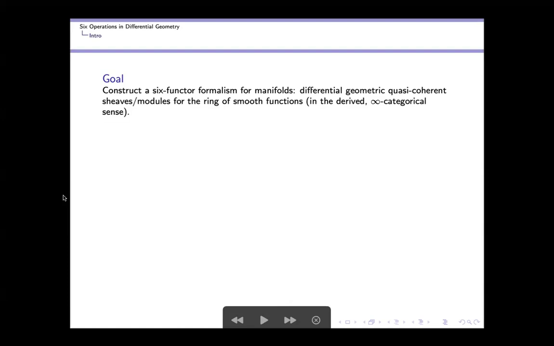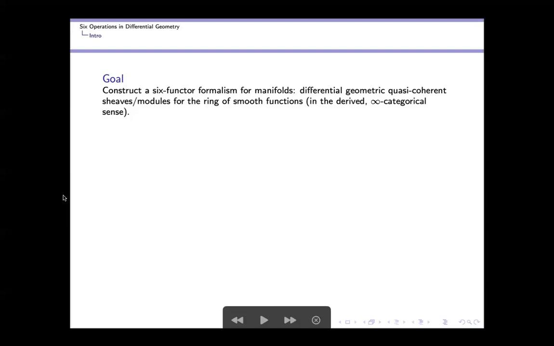Quasi-coherent sheaves are modules for the ring of functions on a ringed space or a scheme. And here the ring of functions is the ring of smooth functions on a manifold. And I want to do this in this fully higher categorical setting.